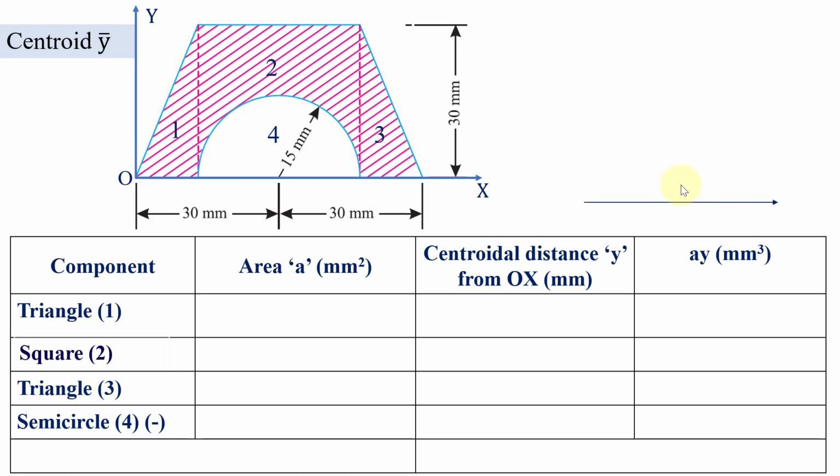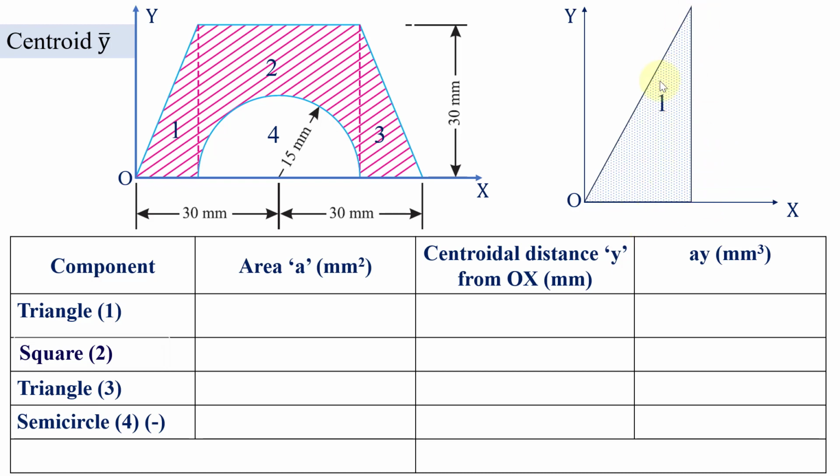We are going to consider only the first element, that is the triangle. We have drawn the reference axes OX and OY, and we are going to consider the triangle alone in this reference axis. So this is element number 1.